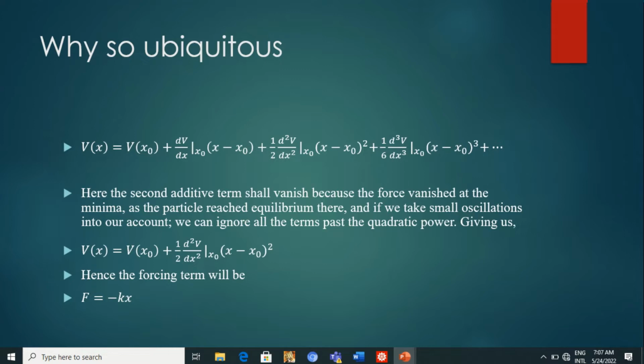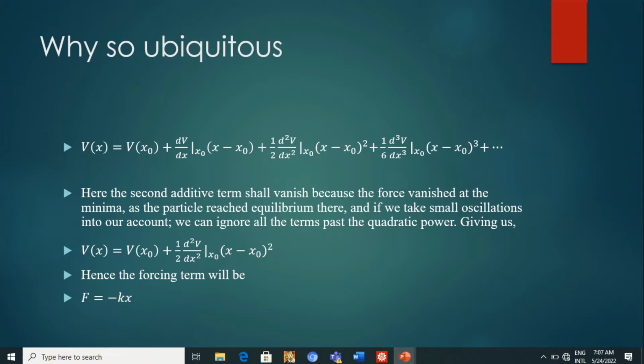Here, the second additive term will also vanish at the minima as the particle reaches equilibrium there. And if we take small oscillation into account, we can ignore all the terms past the quadratic power, giving us V of x is equal to V of x naught plus 1 by 2 d2V over dx square at x naught multiplied by x minus x naught whole square.